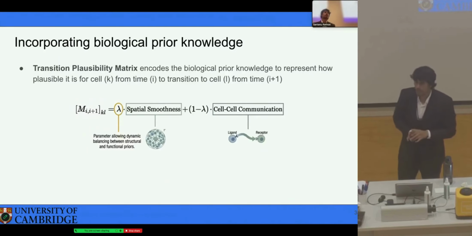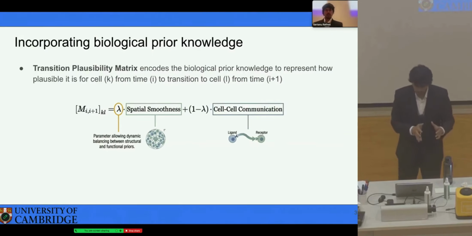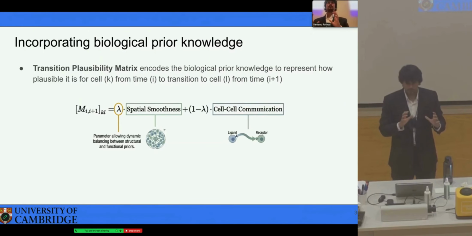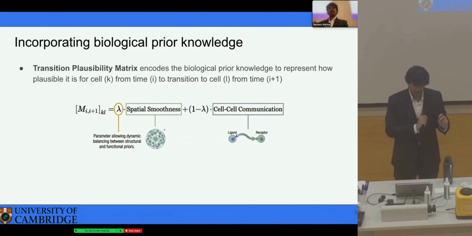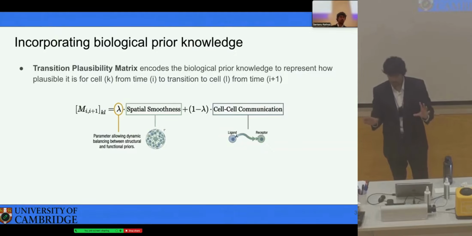And then once you know what plausible coupling should look like in the case of spatial omics, we encode that knowledge into a transition plausibility matrix, which is basically telling you, given my cell K at time i and given my cell L at time i plus 1, what is the plausibility of this transition happening without running any kind of optimal transport or any kind of learning algorithm?